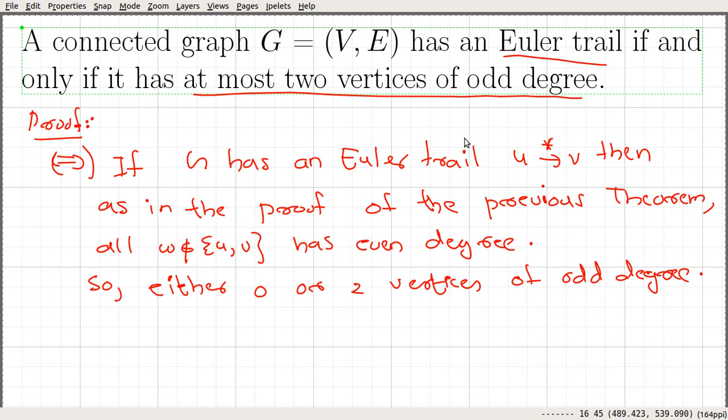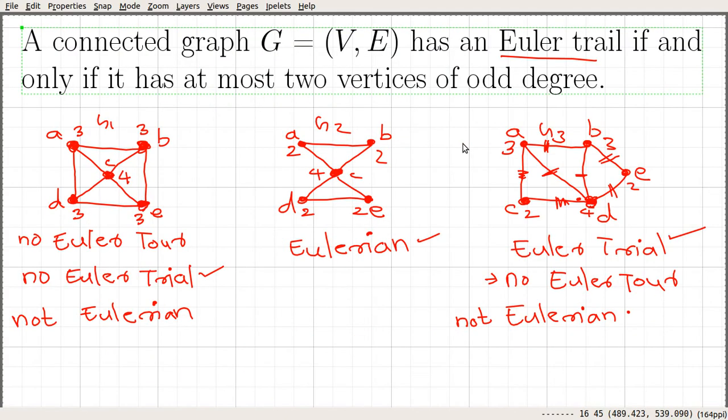If you look into this example, here you start from this A, trace out the Euler trail, and we can see that we start from here and end here, or if you start from B, you end here. That's it for this video.